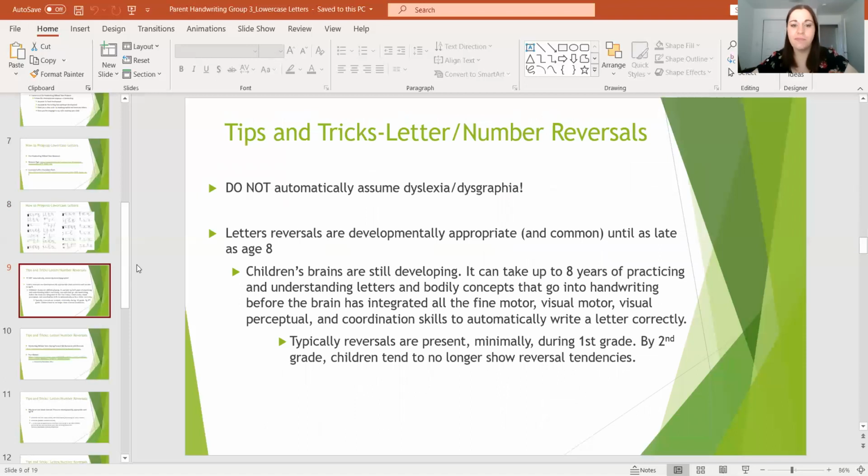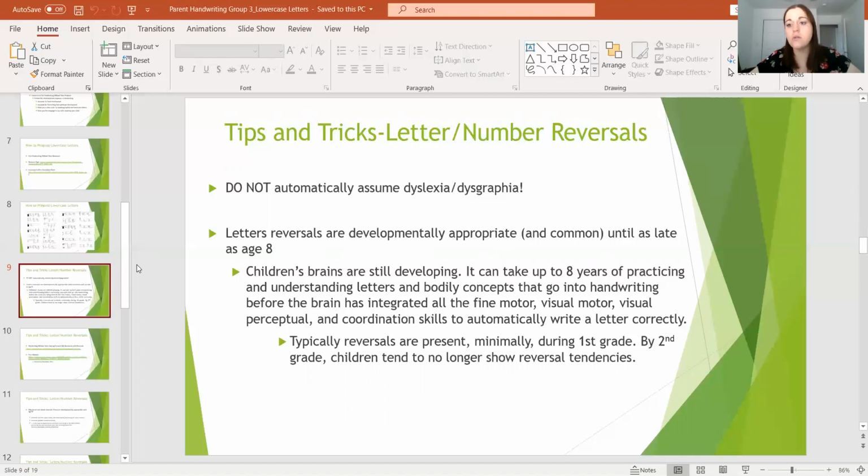Moving on to our tips and tricks section. This week we're going to review letter and number reversals. And as an OT, I definitely wanted to include letter and number reversals as a tips and tricks section at some point, because it's something that I hear constantly.